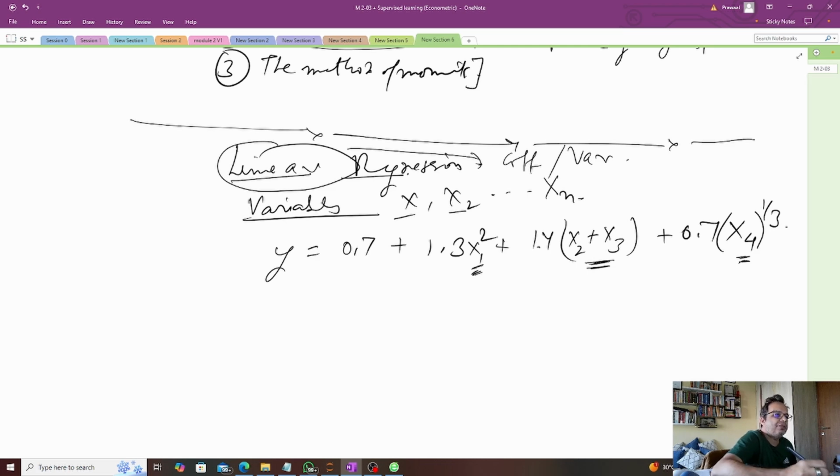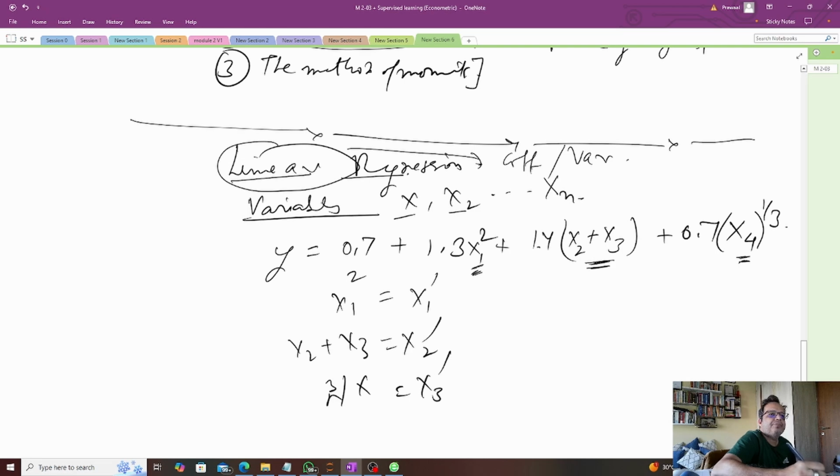But still we call this a linear regression in multiple variables, because tomorrow you can say that x1 square is going to be my x1 dash, that's my new feature. So I'm going to have a feature x1 dash, which is the square of x1. I'm going to say x2 dash, which is nothing but x2 times x3, and x3 dash, which is nothing but the cube root of x4.